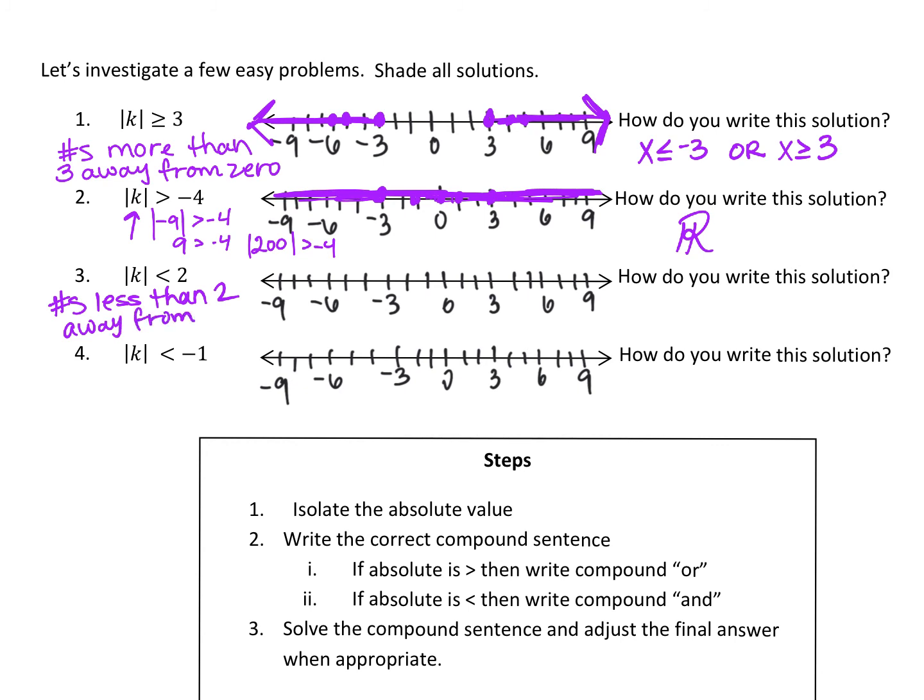Put 3 dots on your number line for numbers less than 2 away from 0. Okay, share with your partner when you're done. You agree on your 3 dots?